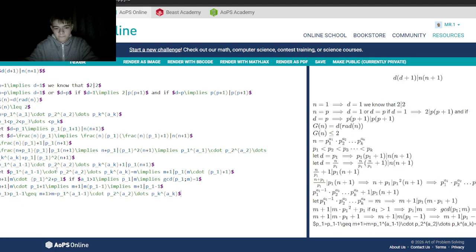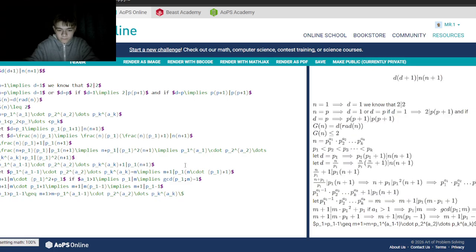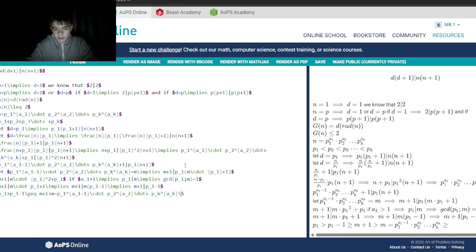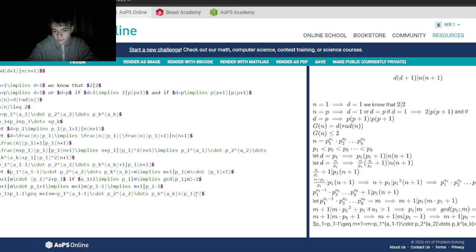Okay, so we have this inequality, and since p1 is the smallest prime divisor of m, we know that every other prime divisor, so for example p2, p3, are bigger than p1, so we know that m is more than p1 to the power of the sum of all the powers, a1 plus a2 plus a3 and so on, minus 1.